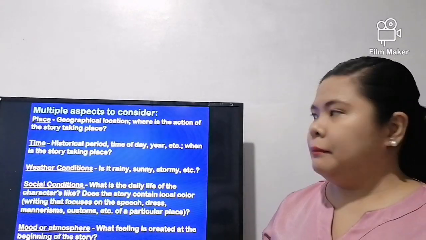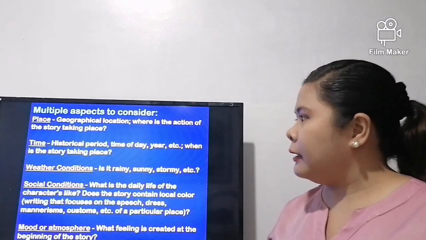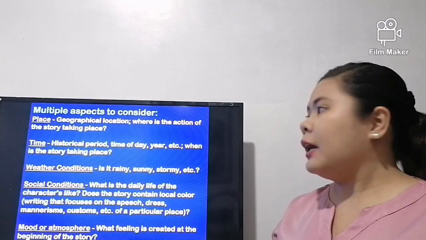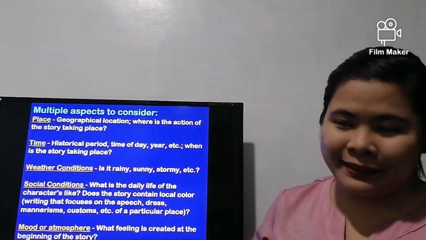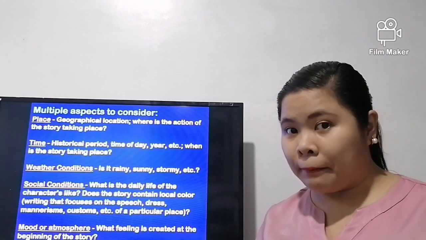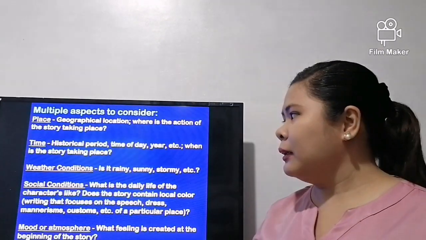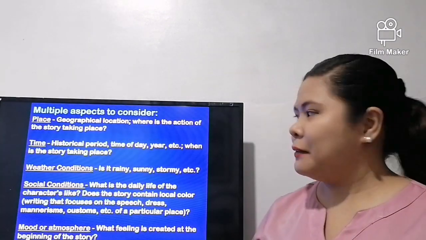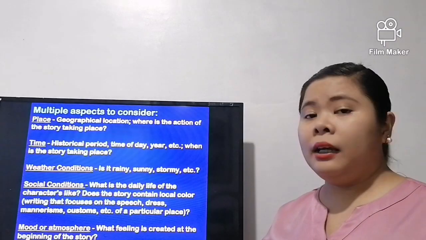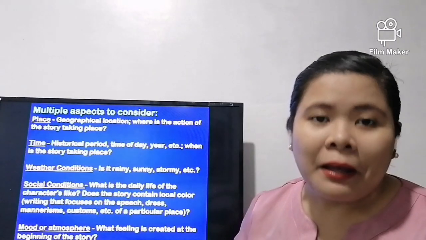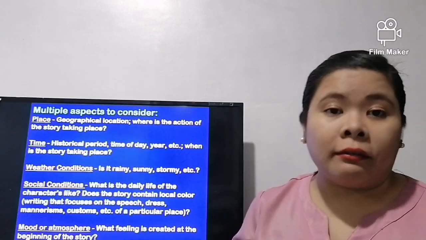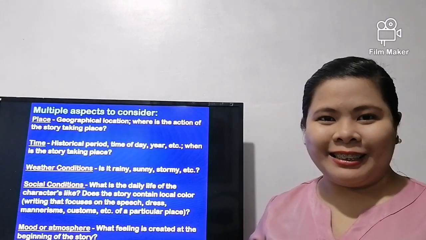Historical period, time of day, year, etc. When is the story taking place? That's for the time. How about weather conditions? Is it rainy, sunny, stormy, etc.? That is for weather conditions.